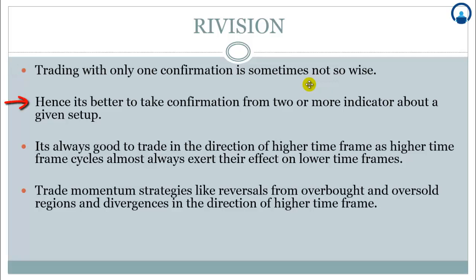Hence, it's better to take confirmation from two or more indicators about a given setup. It's always good to trade in the direction of the higher time frame, as higher time frame cycles almost always exert their effect on lower time frames. Trade momentum strategies like reversals from overbought and oversold regions and divergences in the direction of the higher time frame.